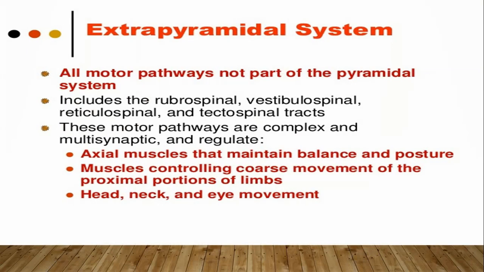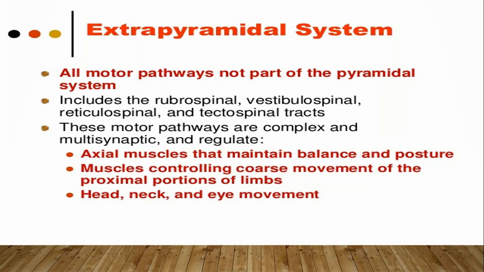Then the extrapyramidal tract. Extrapyramidal tracts are the motor tracts that do not take part in the pyramidal system. This includes rubrospinal, vestibulospinal, reticulospinal, and the tectospinal. These motor pathways are complex and multisynaptic, and they regulate mainly axial muscles that maintain balance and posture.